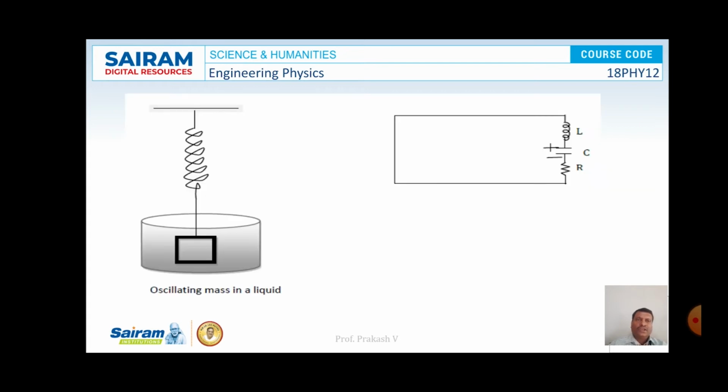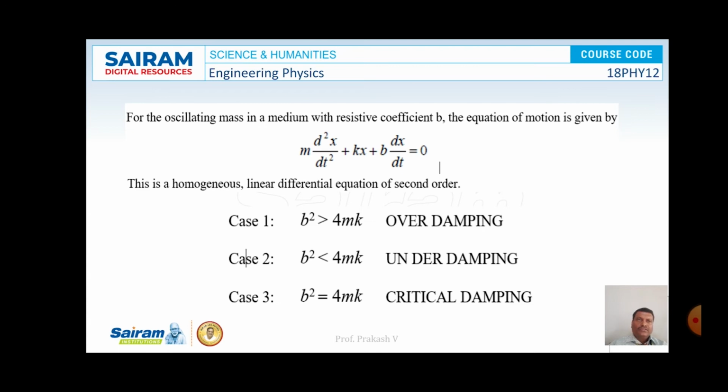This is the picture of a mass executing oscillations subjected to damping. For the oscillating mass in a medium with resistive coefficient b, the equation of motion is given by m into d square x by dt square plus b into dx by dt plus kx is equal to 0.